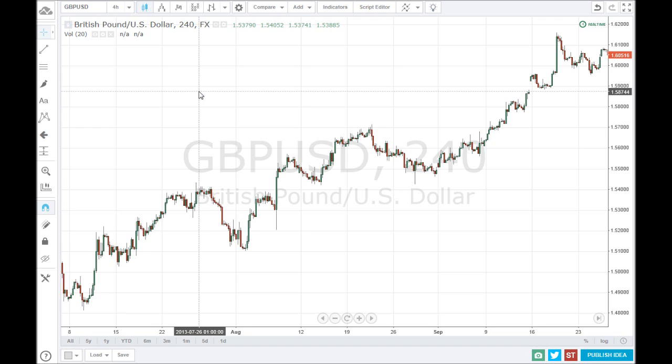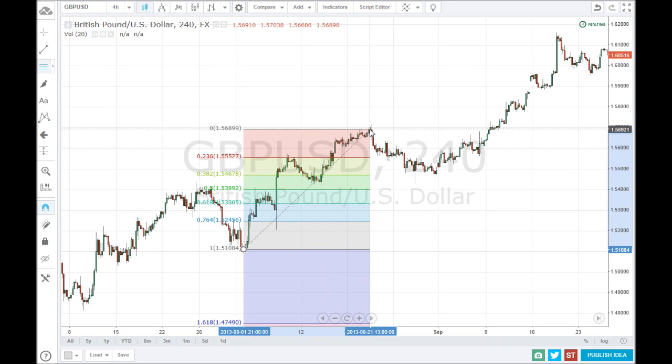This is a 4-hour chart of the pound against the dollar. We have a clear uptrend, a push, a pullback, a push, a pullback, and another push. Let's use our Fibonacci retracement to mark the start and end of this push.